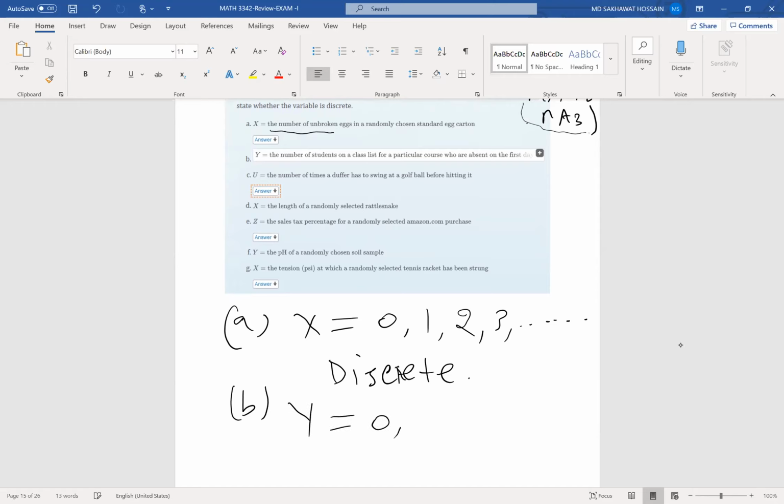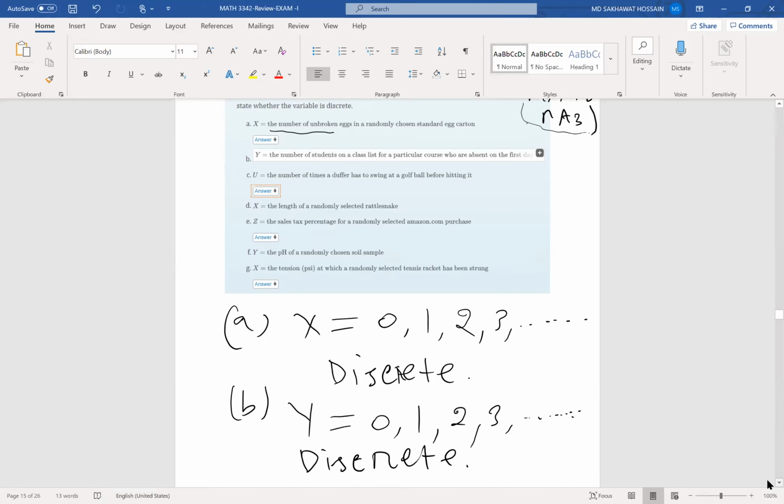It can take 0, meaning all students are present, 1 student absent, 2 students absent, 3 students, and up to the total number of students. Since we do not know the total number of students, we do not know the end value, so you just write dot dot dot, meaning it will continue. So this is also a discrete random variable.